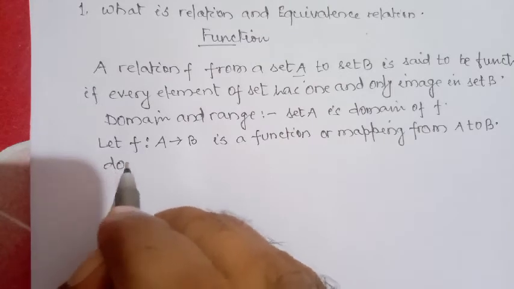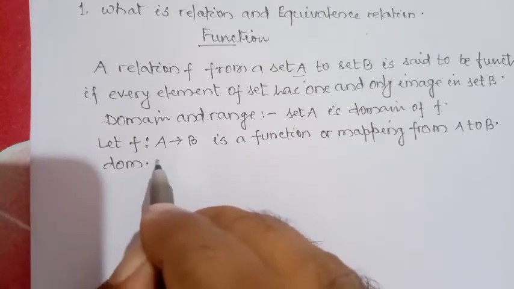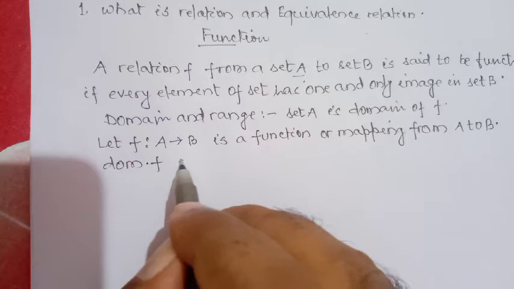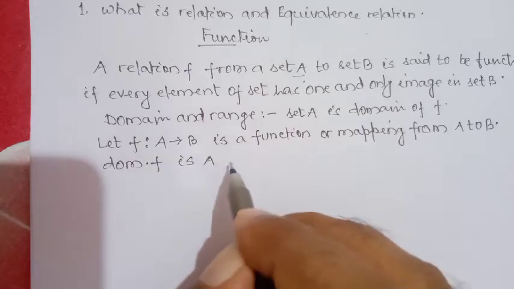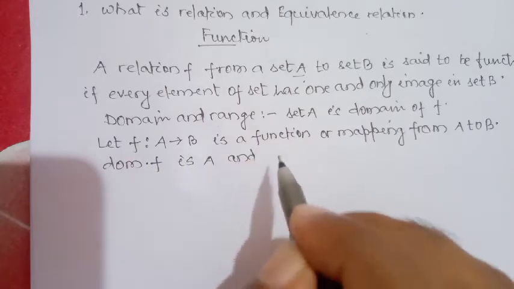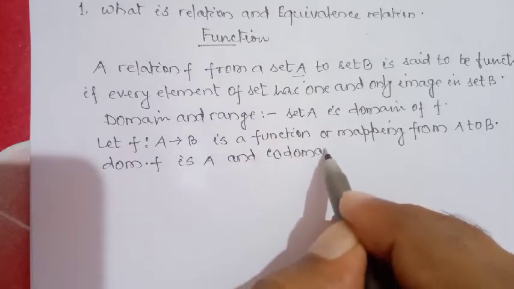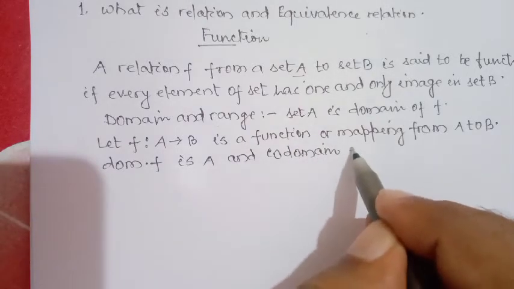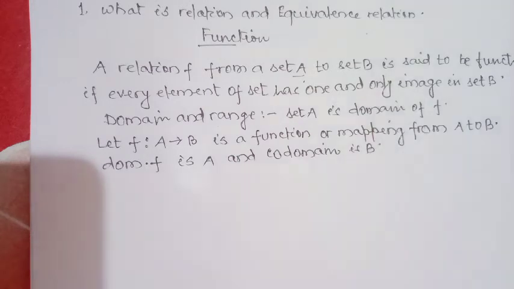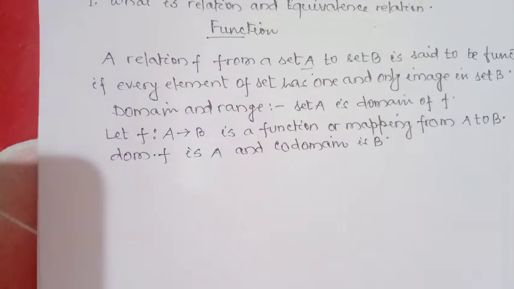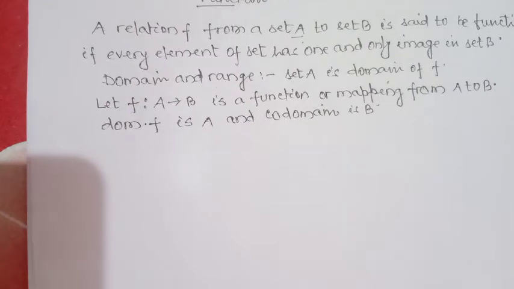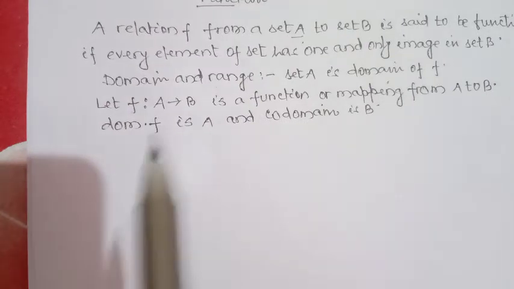Domain of F is A and codomain is B. Let us understand this by an example.